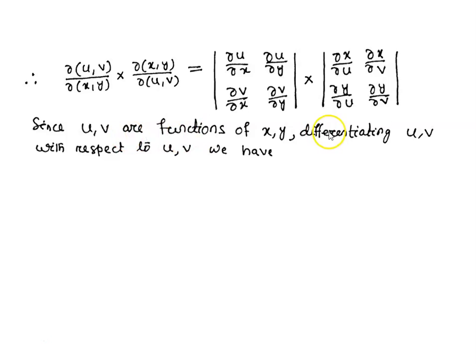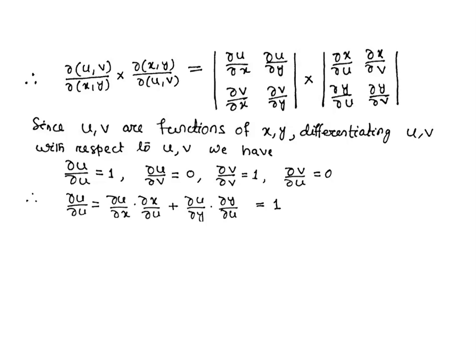Since u, v are functions of x, y, differentiating u, v with respect to u, v itself, we have del u by del u is 1, del u by del v is 0, del v by del v is 1, del v by del u is 0. Now let us find out del u by del u, del u by del v, del v by del v and del v by del u.